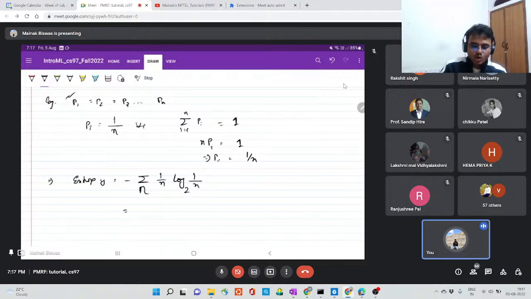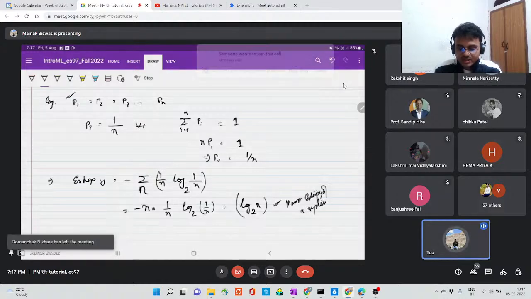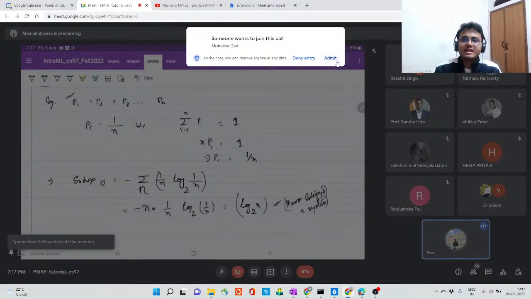There are n terms and all of them are equal, so it's n into 1 by n log base 2 of 1 by n. So this is log base 2 n. We can show that this is the maximum entropy of a discrete system that has n realizations.